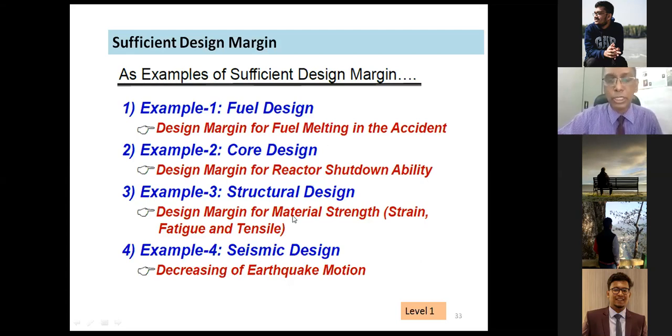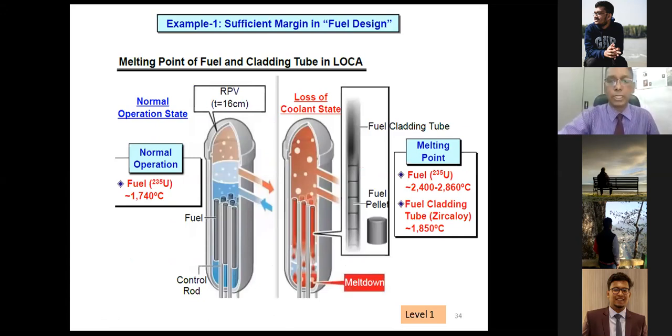That means you have to design the reactor containment, reactor core, or the vessel in such a way that it can sustain an earthquake. So this is one example of the safety margin in fuel design, especially for the melting point of the fuel and cladding during the loss of coolant accident.